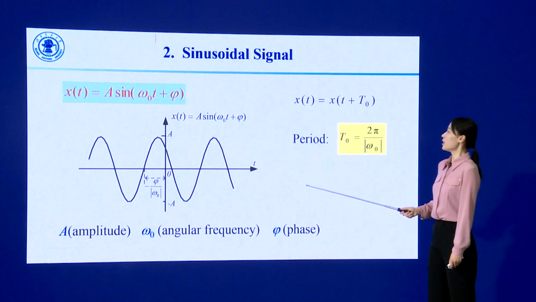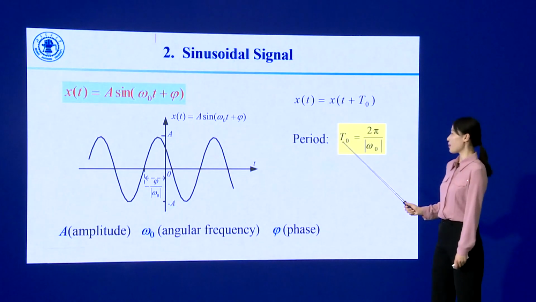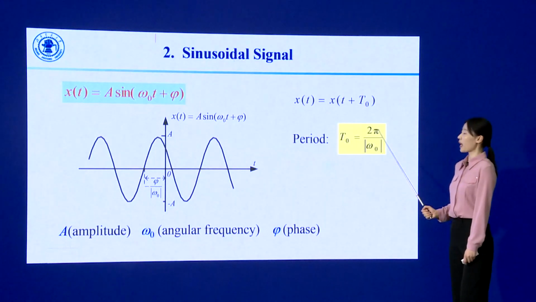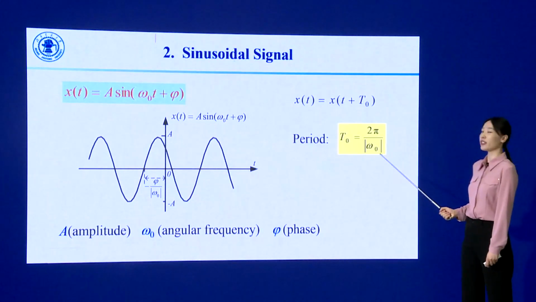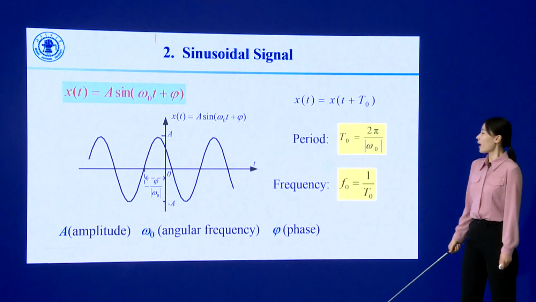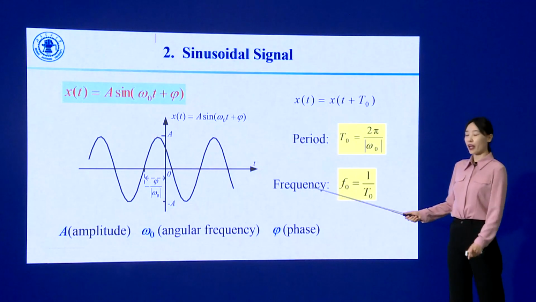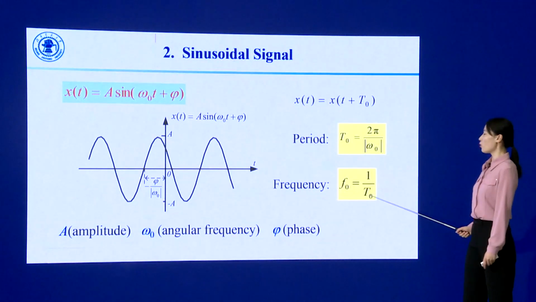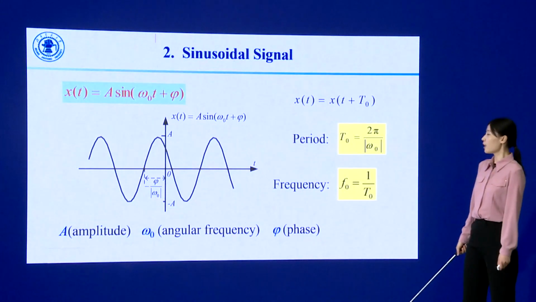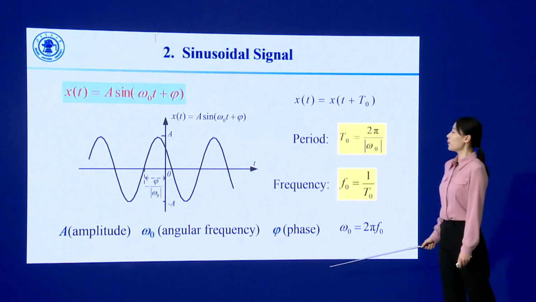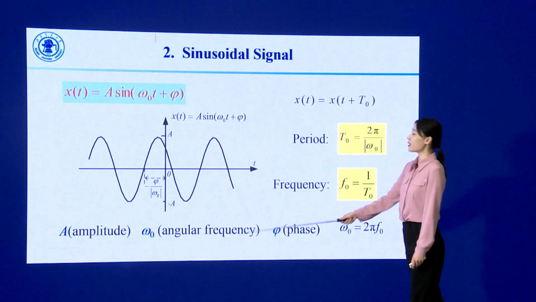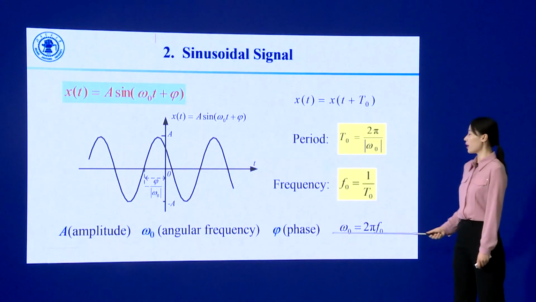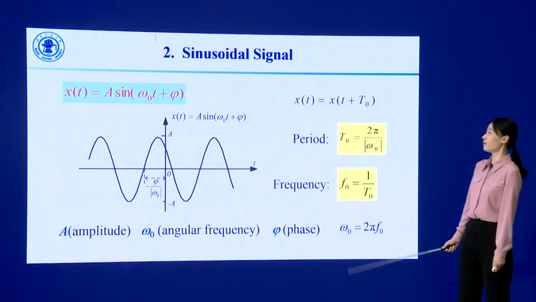We can get the period T sub 0 equals 2 times pi over omega sub 0, and the frequency can be calculated as 1 over T sub 0. The relationship between the angular frequency and the frequency can be expressed using this formula.